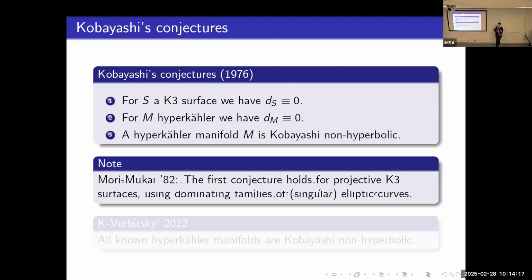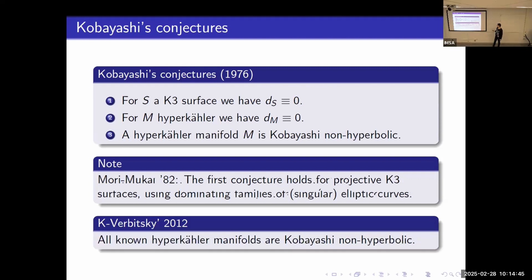So then you can measure the Kobayashi pseudodistance between any 2 points. Basically, you take an elliptic curve going in one direction, then from the other point you get an elliptic curve going in another direction. And then using the triangle inequality, you get that the Kobayashi pseudodistance between them vanishes.